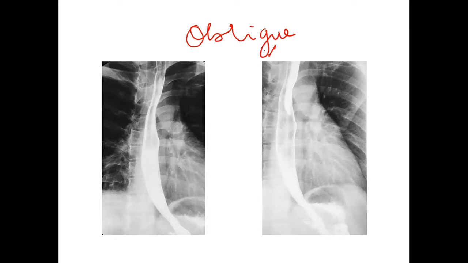And you can see this oblique view is showing, including the upper parts of the stomach. Okay, in case you have narrowing, okay, of the lower esophageal sphincter.